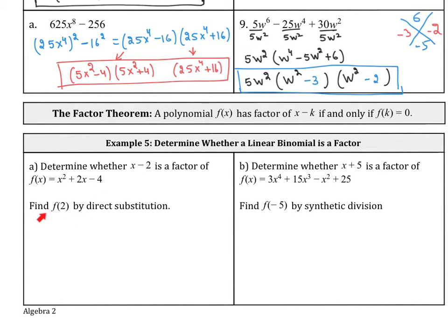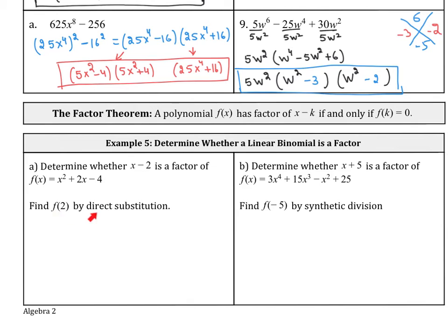You're going to see if x minus 2 is a factor. To find f of 2, if f of 2 becomes 0, then it's going to be a factor. If f of 2 is not 0, then x minus 2 is not a factor.